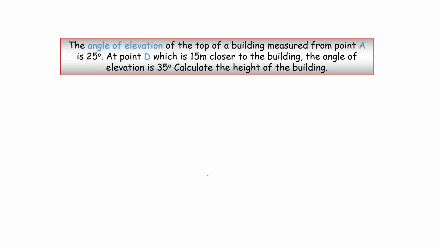So we are told that, okay, I'll hide my page. Okay, so I like to draw the ground first. So this is my ground floor. Now, from this point A, we are told that the angle of elevation to the top of a building is 25 degrees.